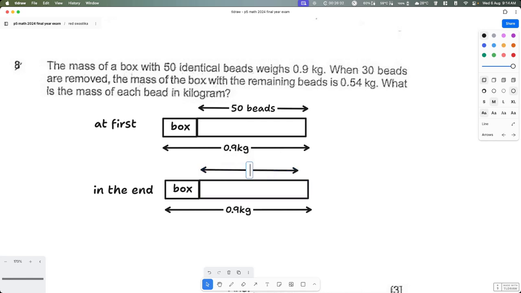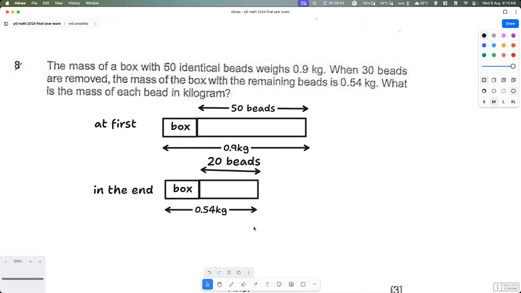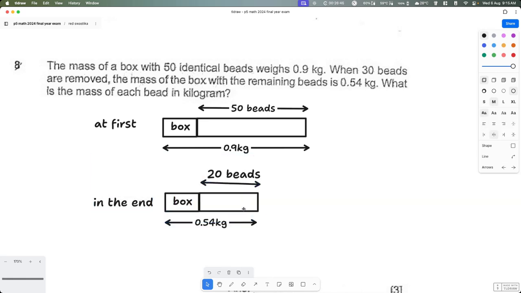I'm just gonna copy this and paste this here. 20 beads is like this much, and now we are left with 0.54 kilograms. Can fit? Yes, can fit. So in the end, we are left with 20 beads, and then this is 30 beads, 30 beads gone.